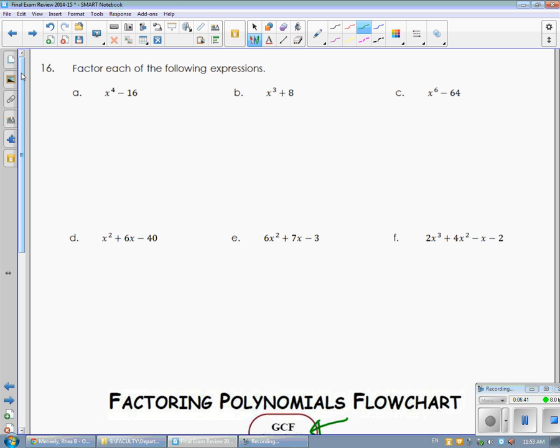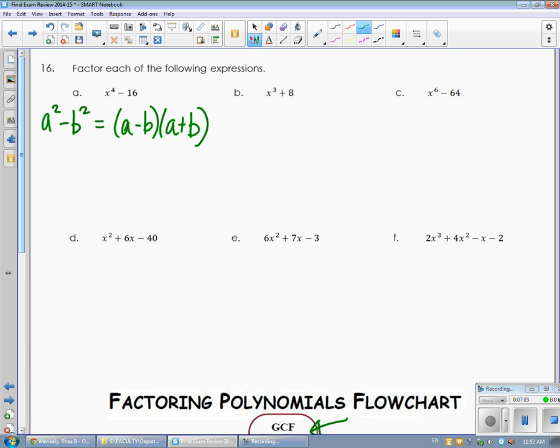So I know I'm going to use my difference of squares formula, which looks like this: a squared minus b squared is equal to a minus b times a plus b. And so now I've got to identify what a and b are. Even though x to the 4th and 16 are also perfect 4th powers, I want to be careful because I don't have any rules for perfect 4th powers.